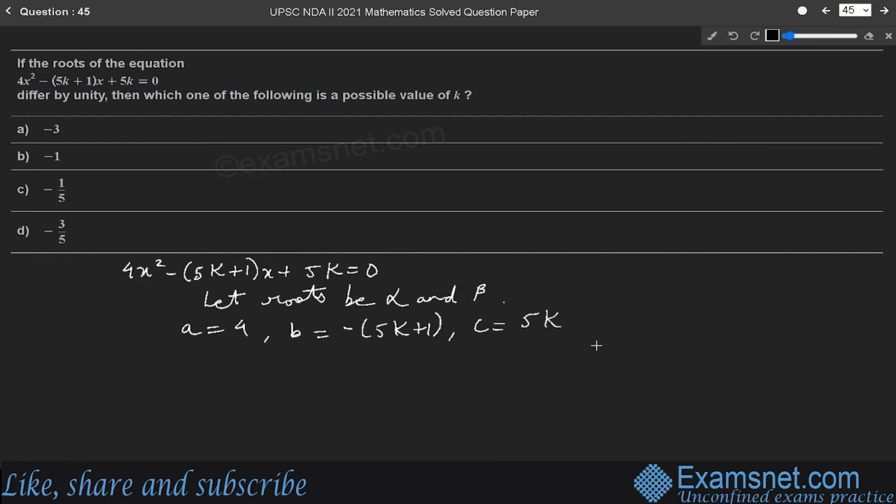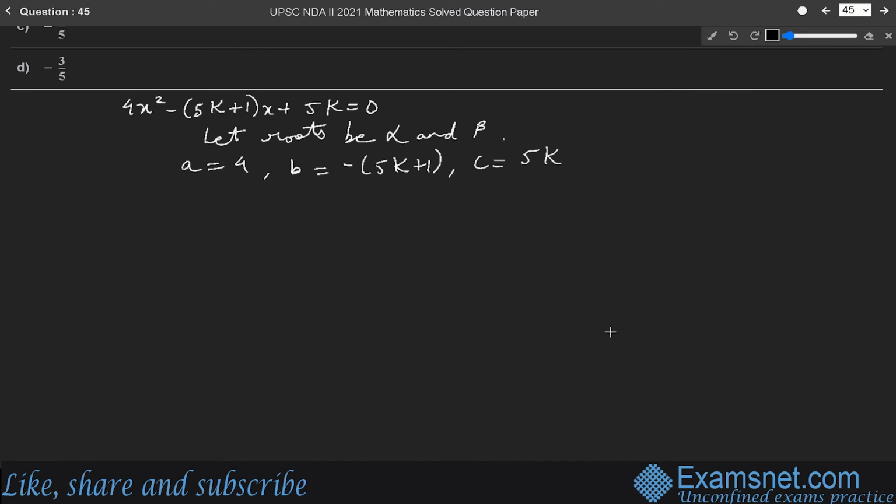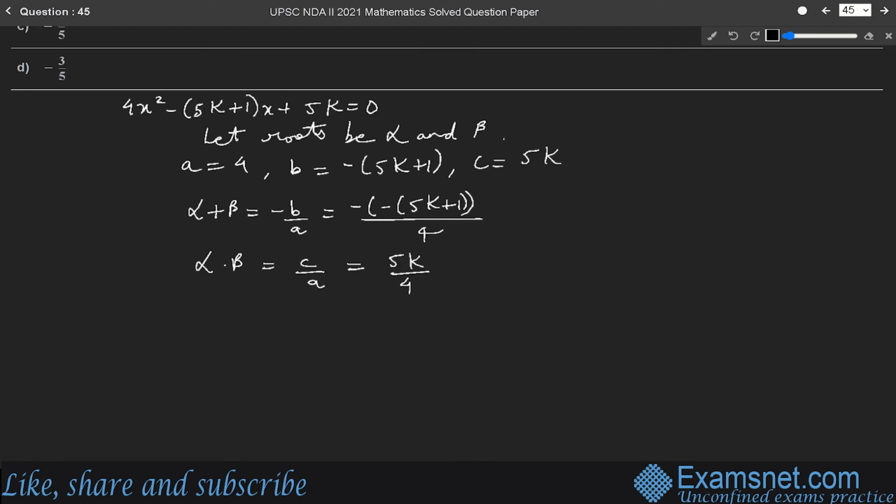If alpha and beta are the roots of the equation, then the sum of the roots, alpha plus beta, will be equal to minus b upon a, which is (5k plus 1) upon 4, and the product of roots, alpha into beta, is equal to c upon a, which is 5k upon 4. So this is the sum of the roots and this is the product of the roots.